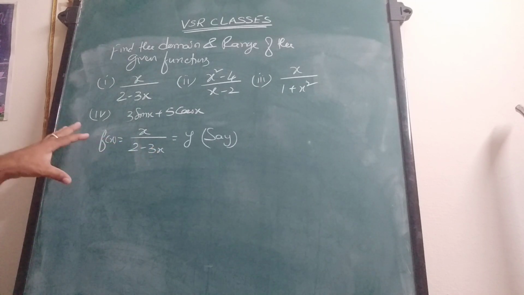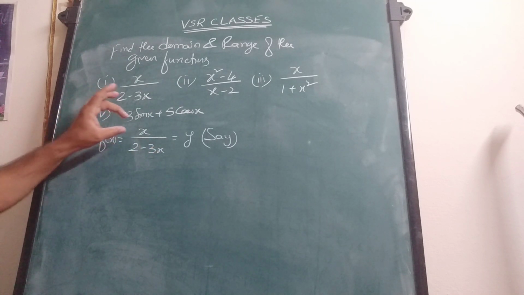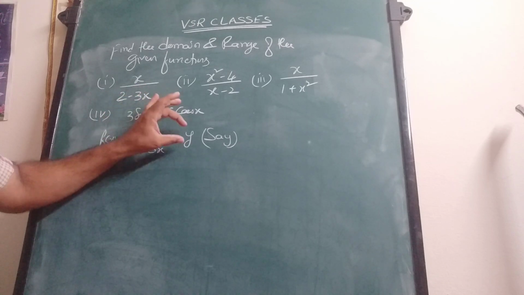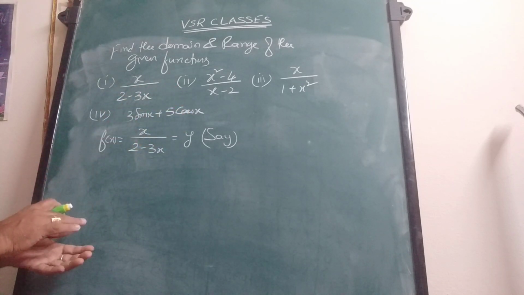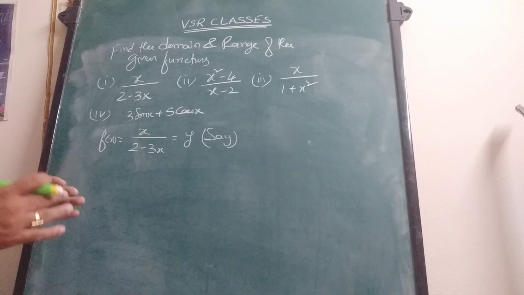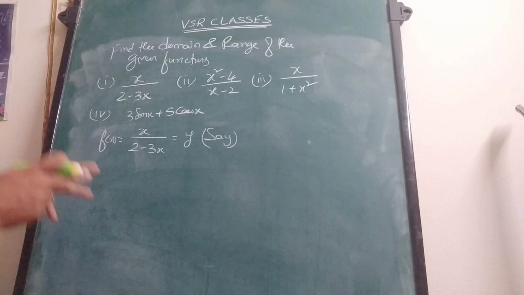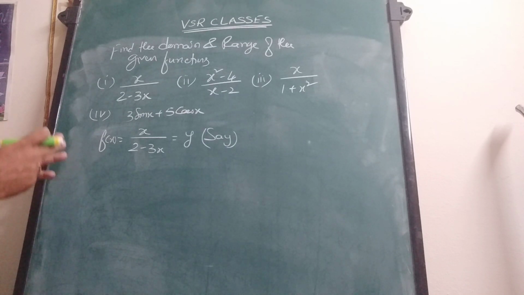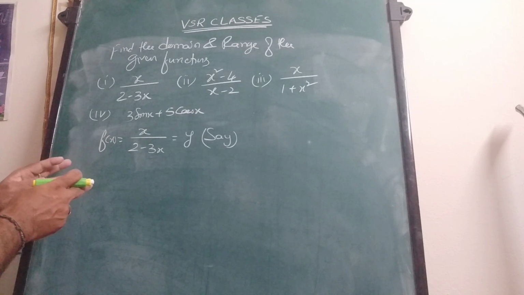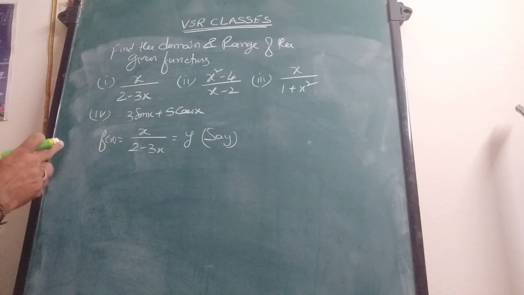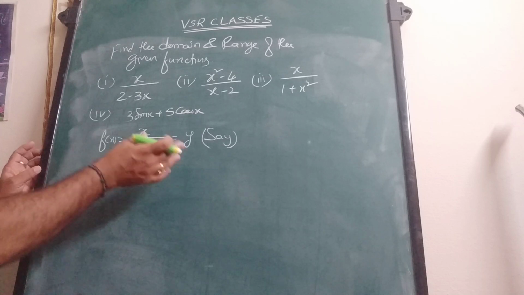So we have to find the inverse of that function. f of x, that is x by 2 minus 3x, is equal to y. We will make the inverse of that function, and the domain of the inverse function is nothing but the range of f. Due to that reason we are saying this.